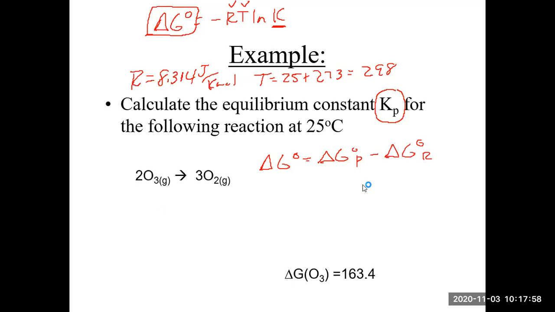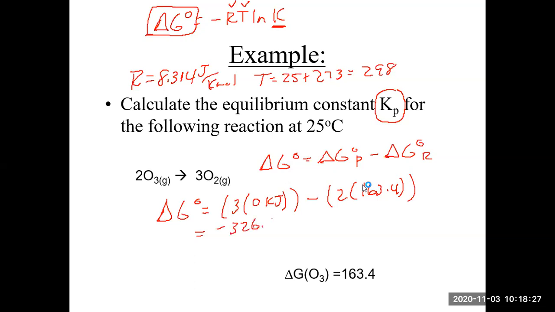In this case, delta G naught would equal our products, which is O2, and remember that delta G for anything in a standard state is going to be 0, minus our O3, which is 163.4. We need to take 2 times 163.4, and that will get us minus 326.8 kilojoules for our delta G value.